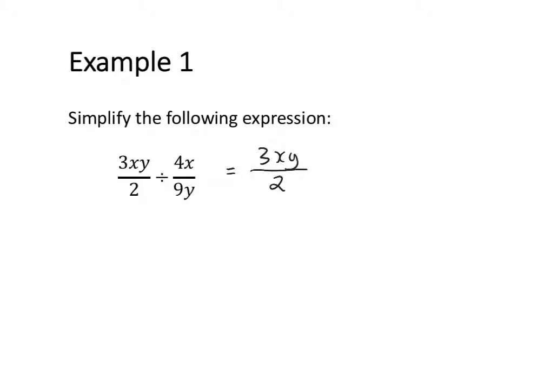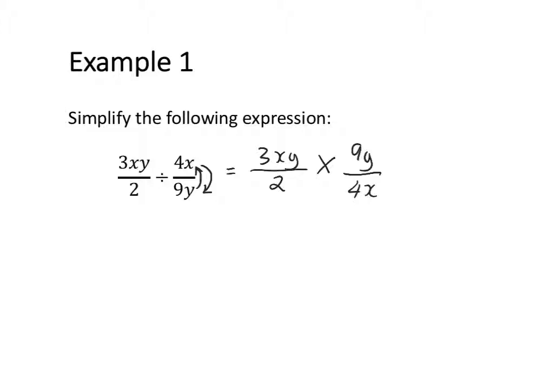Then I change my division sign to become a multiplication, and then I flip my second fraction. So the 4x goes down the bottom, and then the 9y goes up the top. So that becomes 9y over 4x. So my new expression is 3xy over 2 times 9y over 4x.